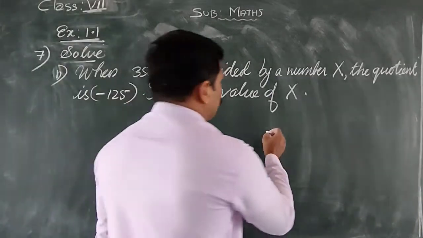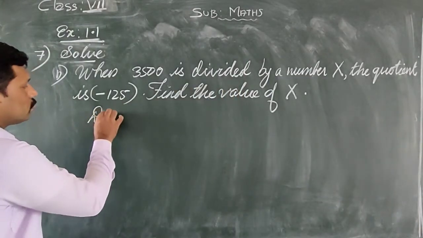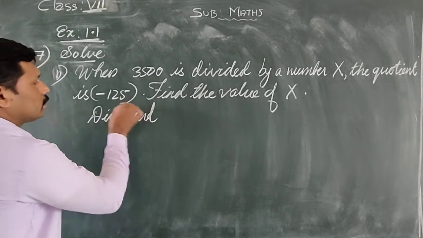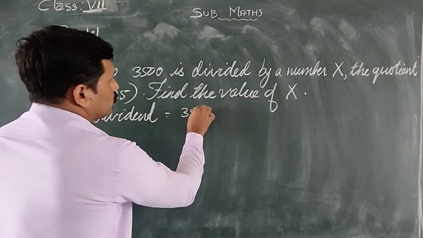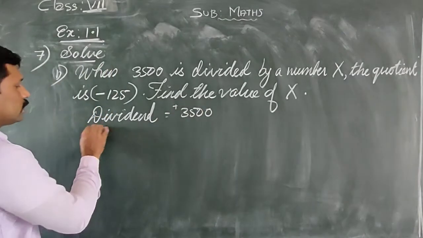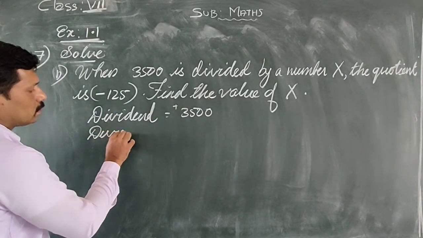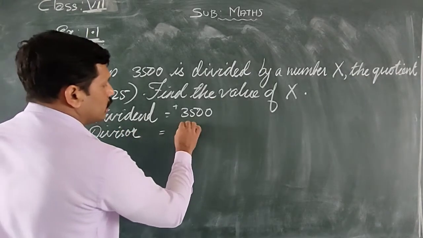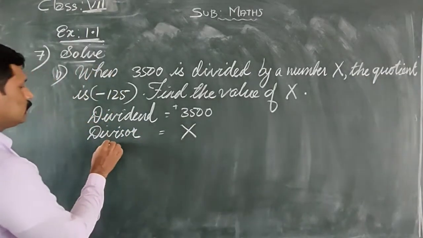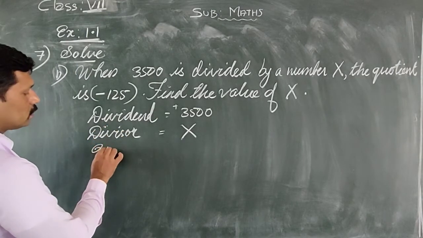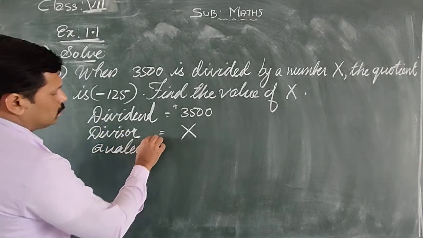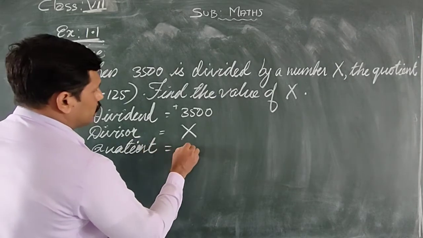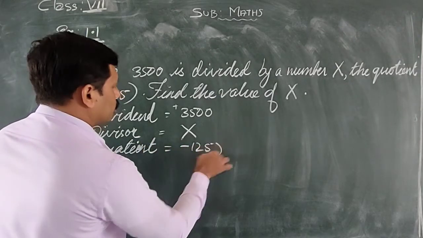So here we write dividend is equal to 3500, that is positive, and divisor is the number by which we are dividing, which is not given, it is x, and quotient is equal to negative 125.